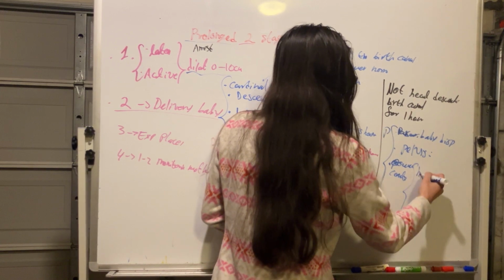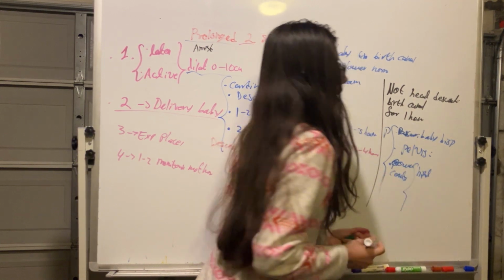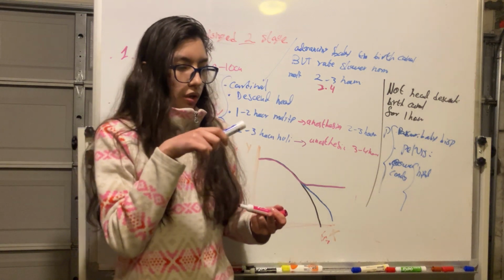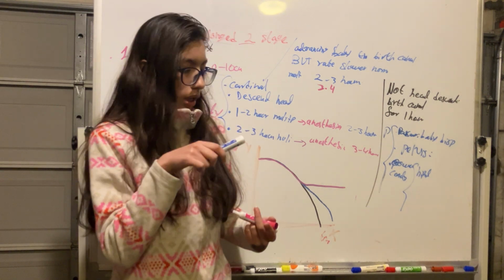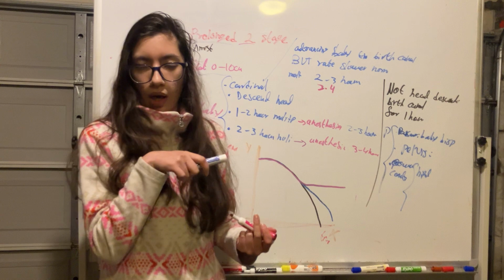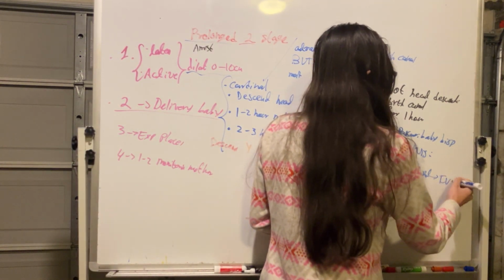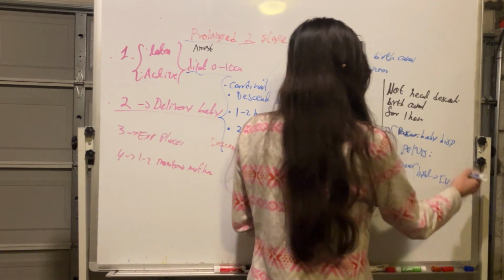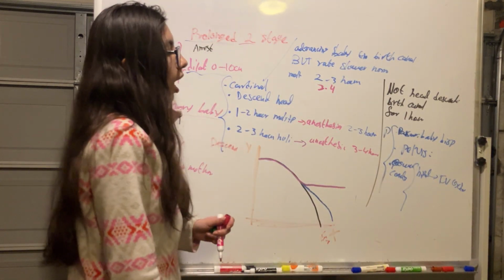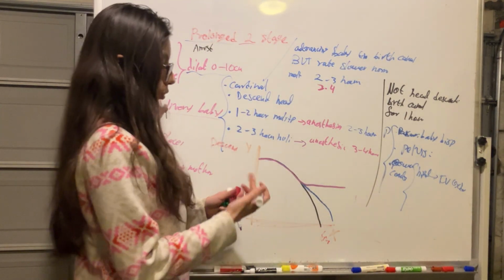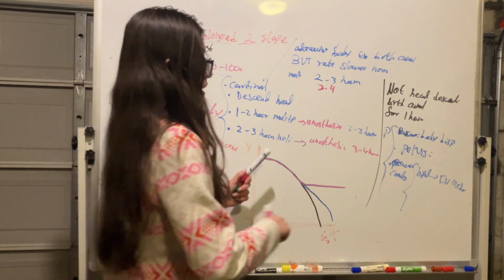Again, if it has a hypotonic contraction, this is a contraction that has no good tone, it has short duration, and it has no good frequency. So what should we do? We need to give IV oxytocin.